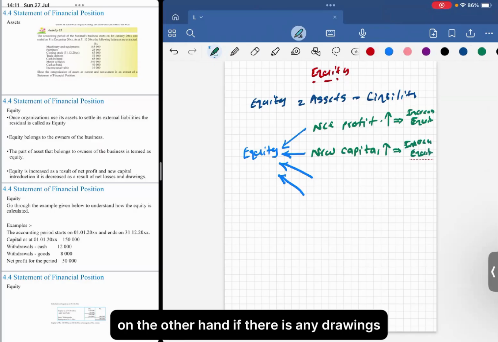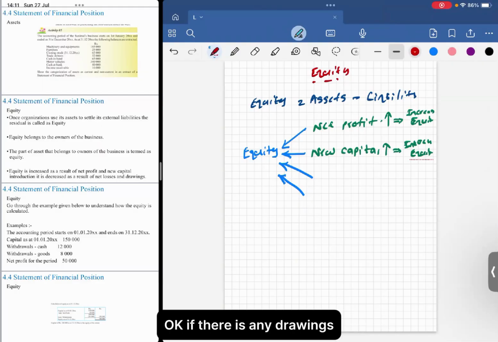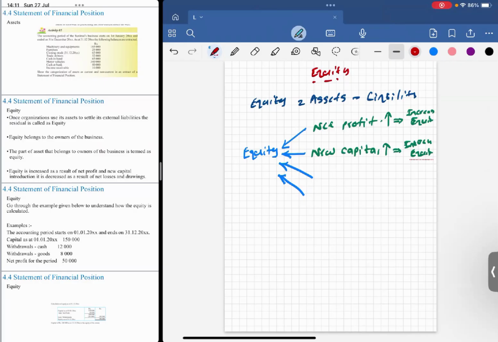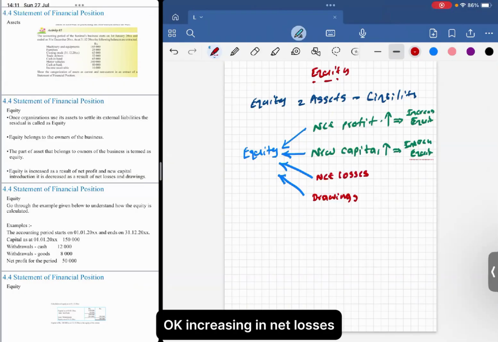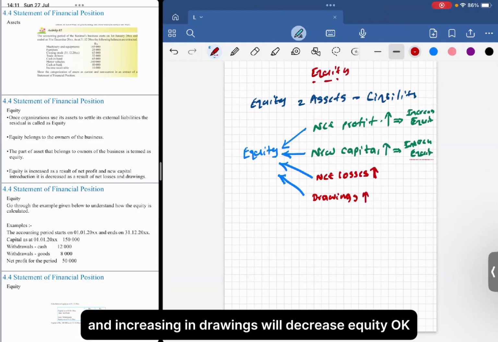On the other hand, if there are any drawings or net losses, increases in net losses and drawings will decrease equity.